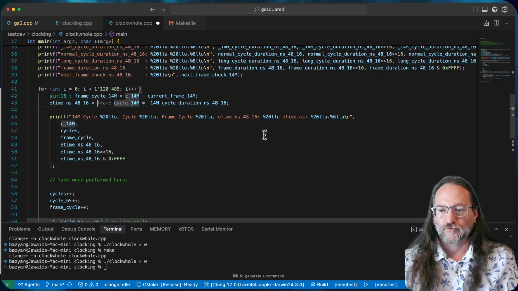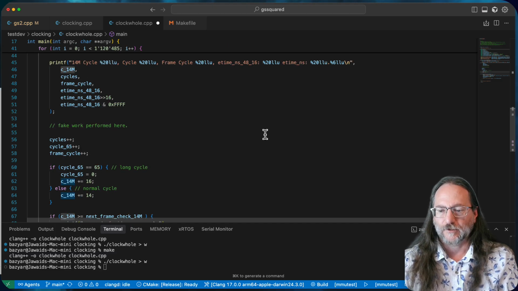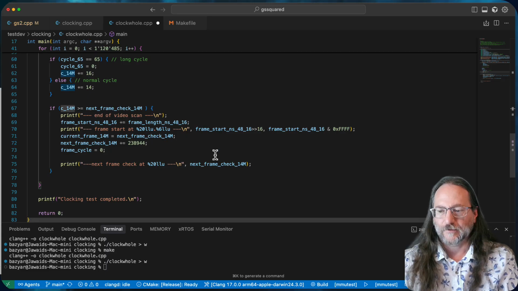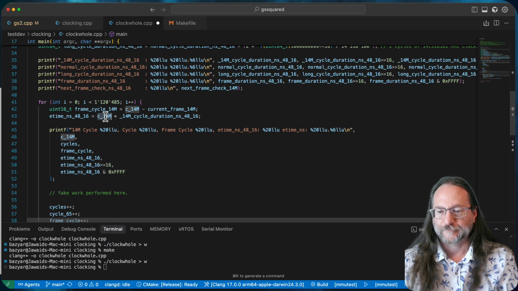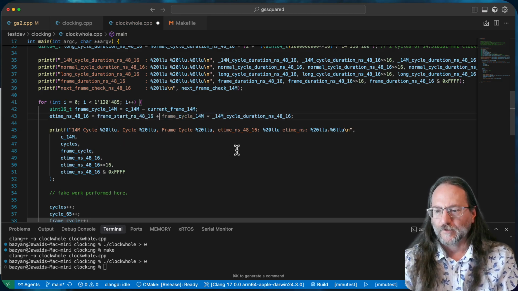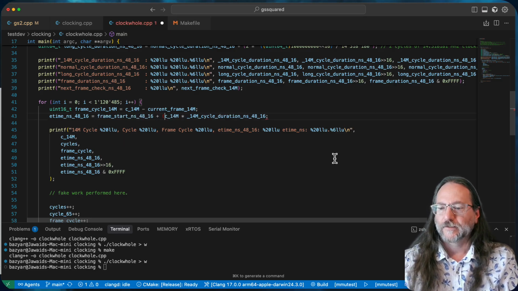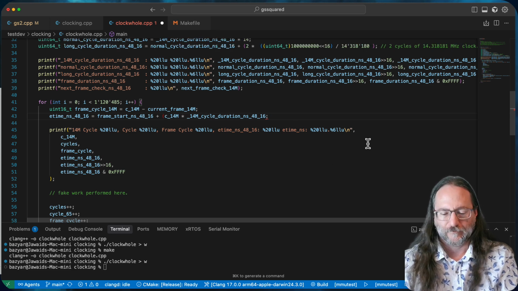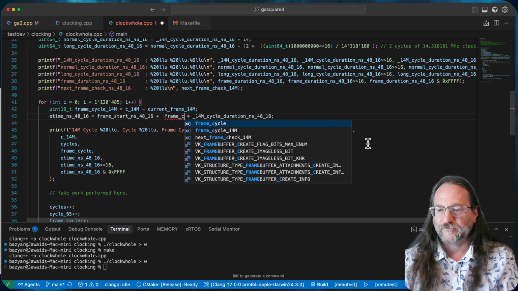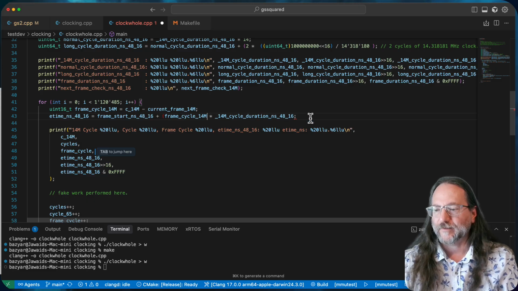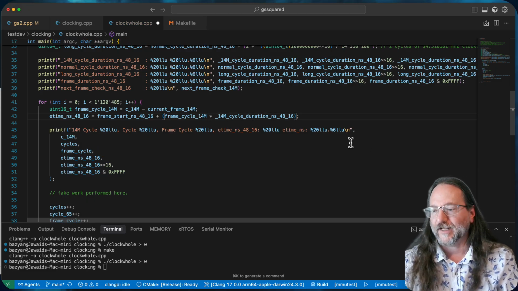Equals this plus frame cycle 14M times the cycle duration. Alrighty. Now I think we got it.